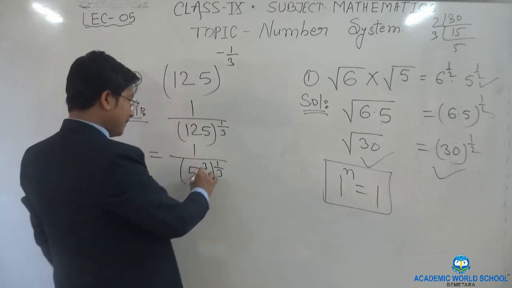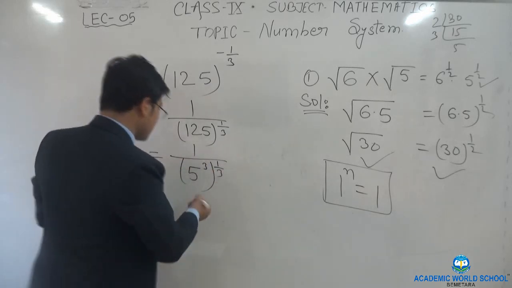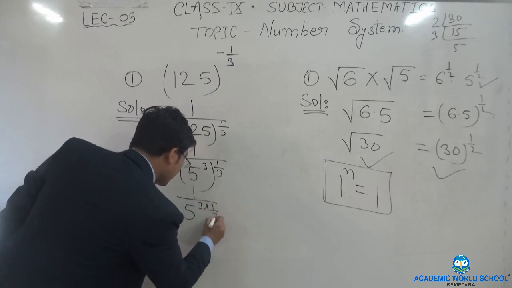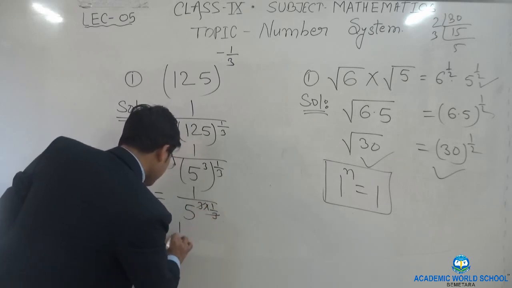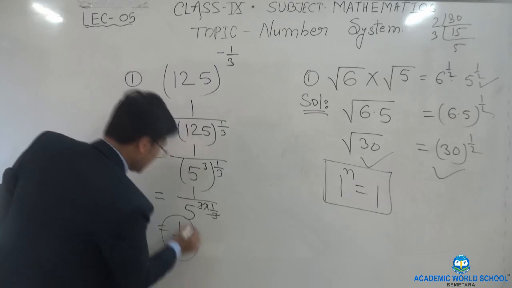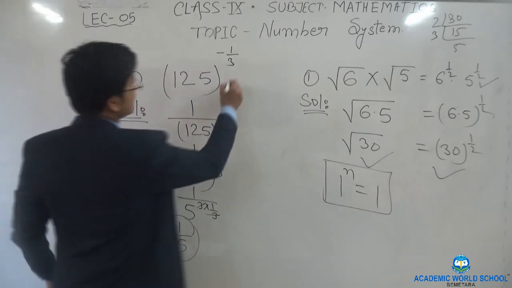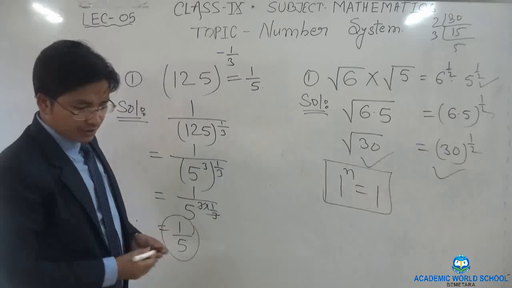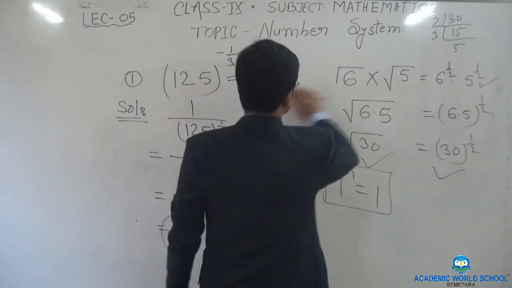We know that power to the power is multiplied. So this is 5 to the power 3 into 1 upon 3, and this will be cancelled out. So the answer is 1 upon 5. Understood? Next.